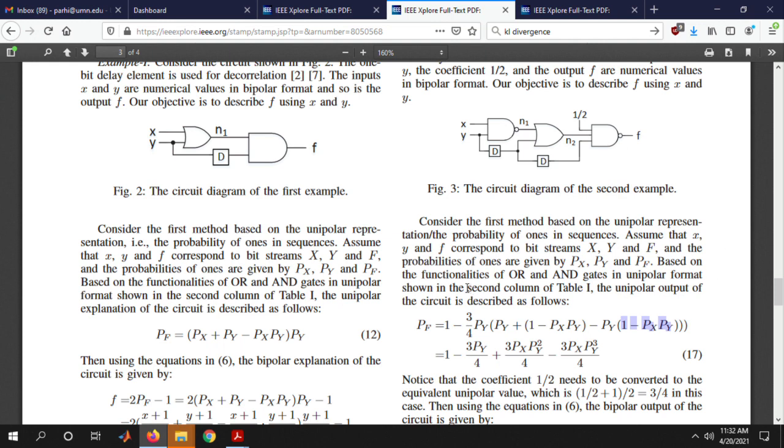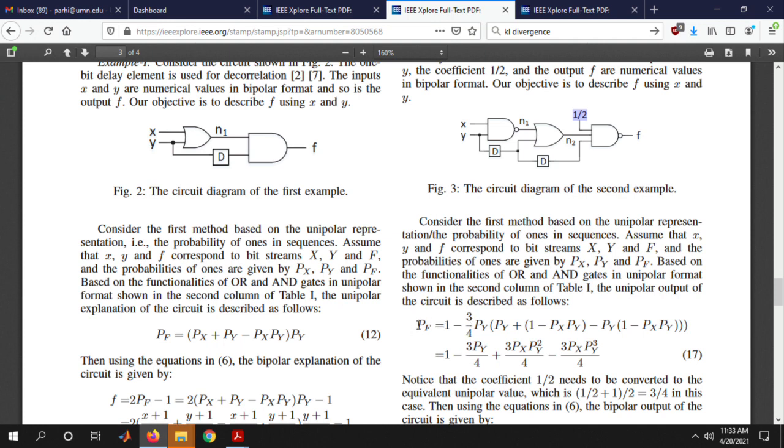You may wonder why I am computing this by times 3/4. This is a very tricky part, because I am interested in computing the result F in terms of x and y in bipolar logic. So the value of this coefficient half is in bipolar logic, which means in unipolar that's going to be (1 plus half) divided by 2, which is 3/4.